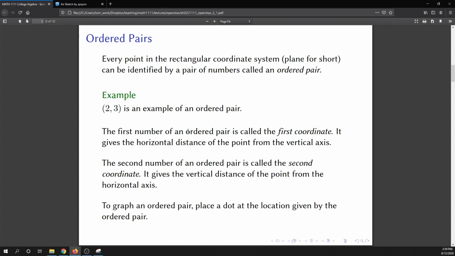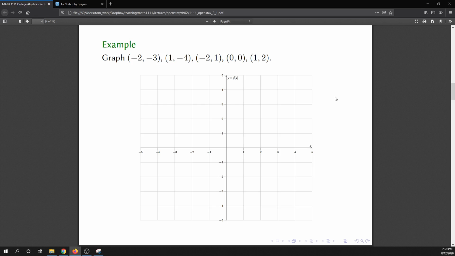Given one of these ordered pairs, we can graph it on the rectangular coordinate system. It is an ordered pair, so the order does matter. So we want to graph this out.